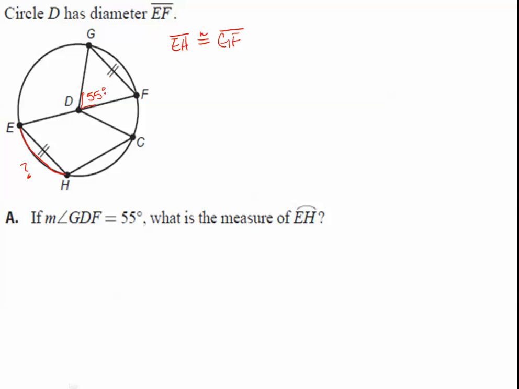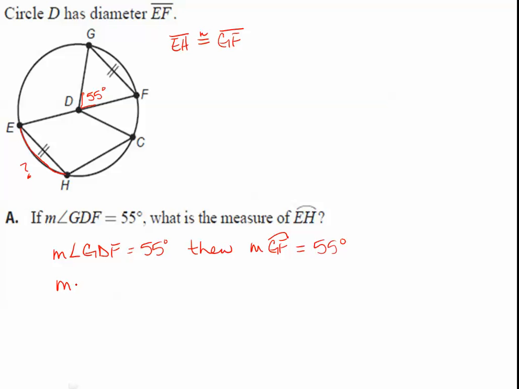Okay, so if the measure of angle GDF equals 55 degrees, then the measure of arc GF is going to equal 55 degrees.